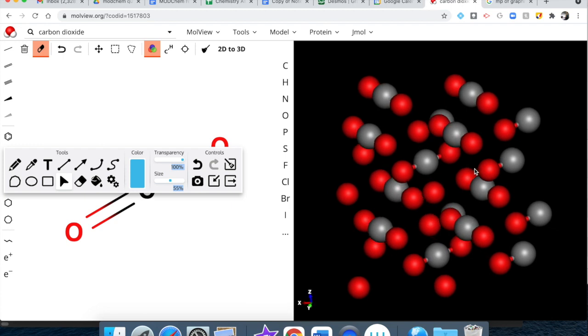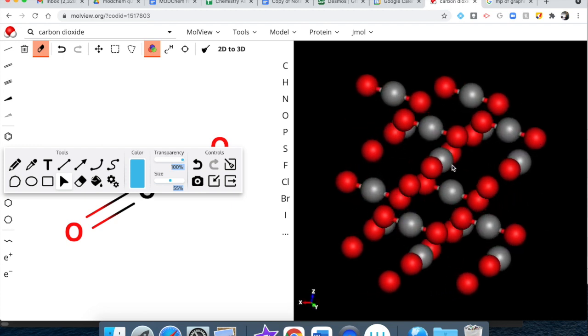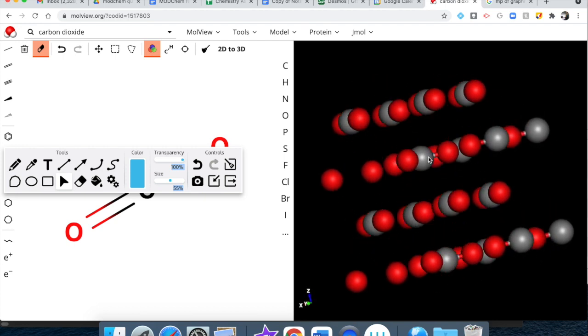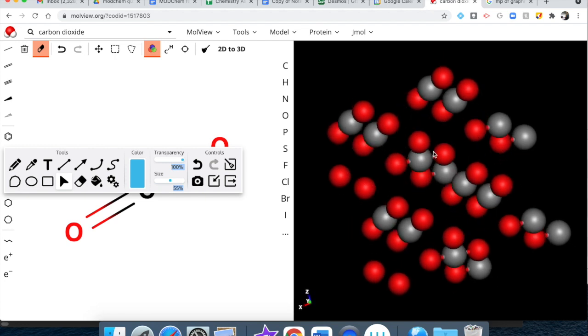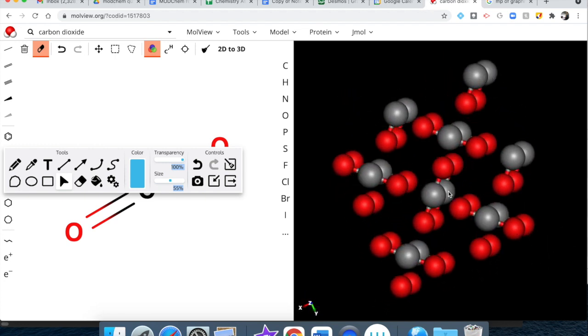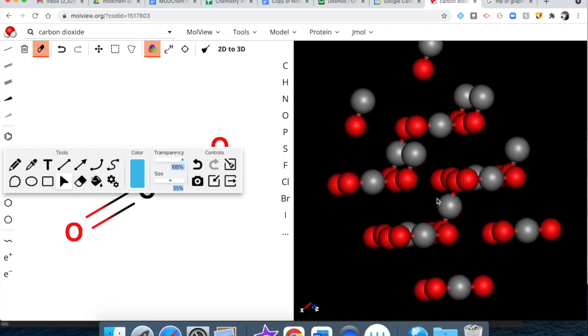So it's multiple atoms. You can definitely see that there are carbon, two oxygen molecules, the CO2 molecules, in this structure, and that's what the whole entire structure is made up of. But there are no bonds between one molecule and another molecule. Those interactions are just weak interactions.